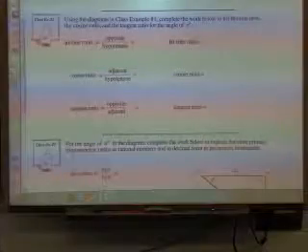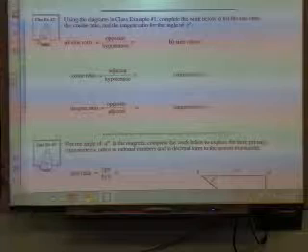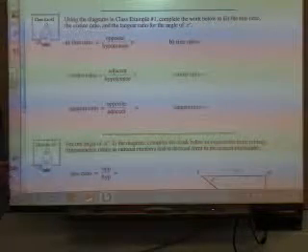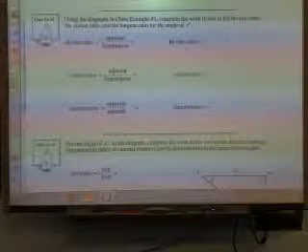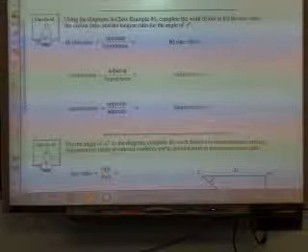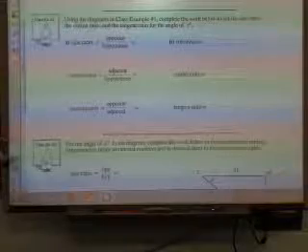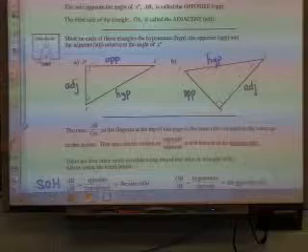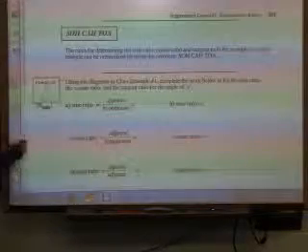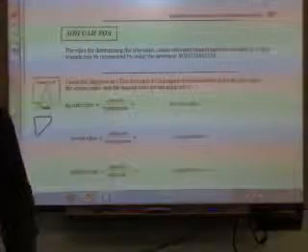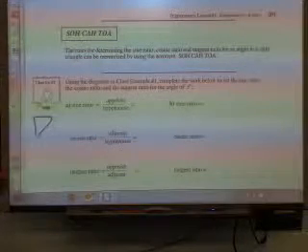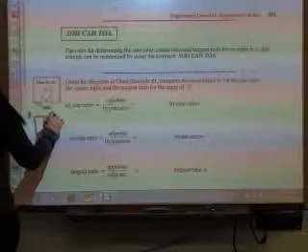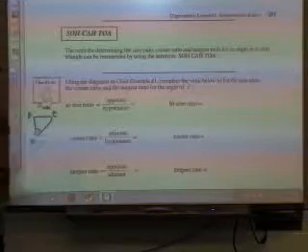So if we look at class example number 2, it says use the diagrams in class example number 1 to list the sine ratio, cosine ratio, and tangent ratio for angle x. So if we looked at triangle DEF, that was the triangle we're looking at. I'm going to quickly sketch it here. This was angle x.